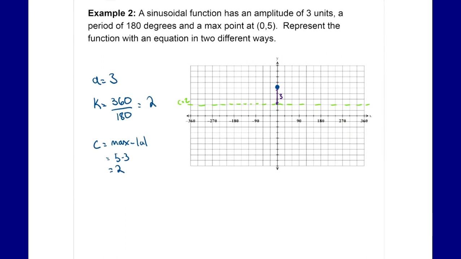So I have my a, my k, my c, and my d. Now here, we might want to graph our function or graph as much as we can. If I know that I'm going to have a max here, and I know the period is 180, I'm going to have another maximum here. That means that between 0 and 180, at 90, I should be at the bottom. Because if I'm starting at the top here and top here, then the minimum should be at 90, the middle of my function.